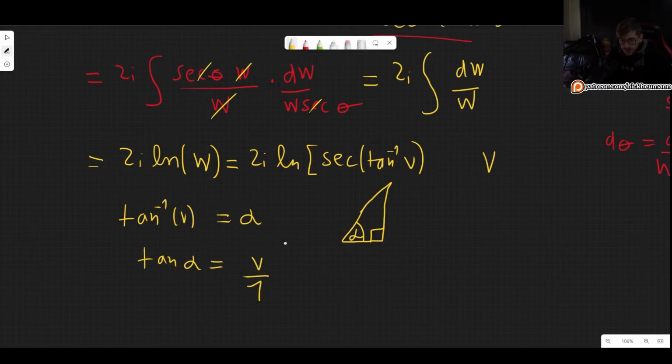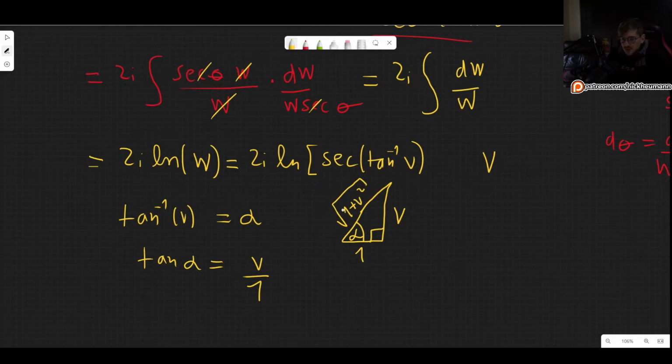This is simply from here. We applied tangent to both sides. So that means that, and tangent is the opposite side divided by the adjacent side, this is v and this is 1, which means that due to Pythagoras' theorem, this is the square root of 1 plus v squared. There we go.